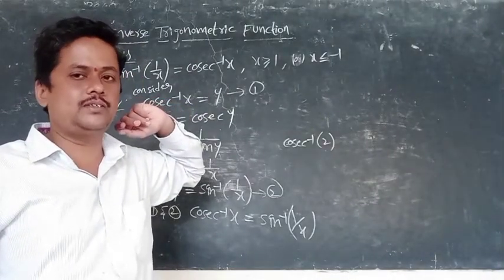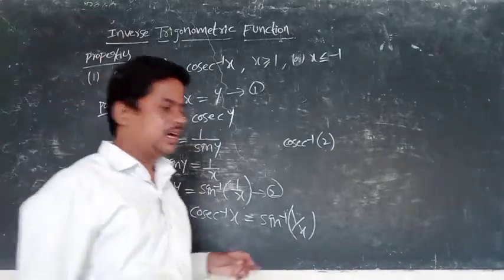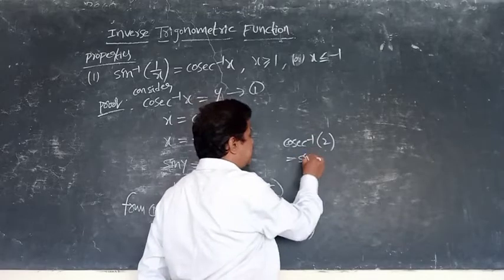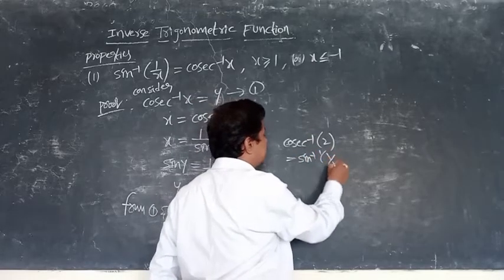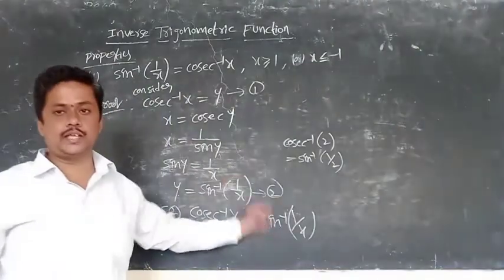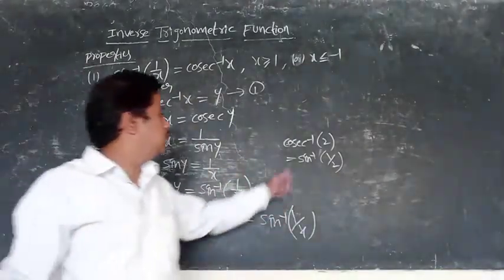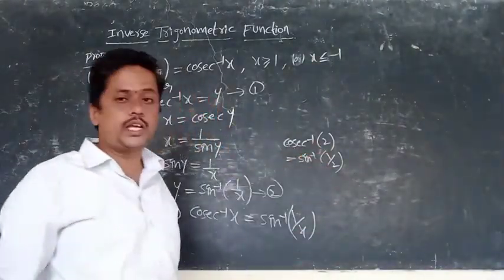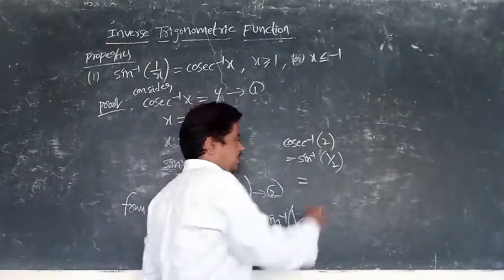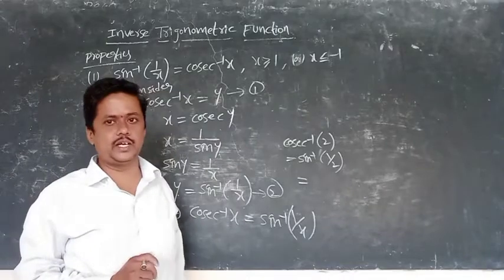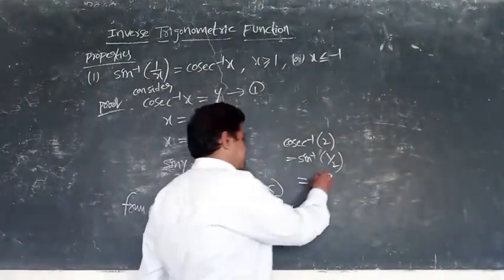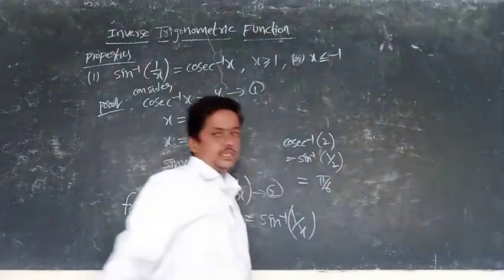So you can write cosecant inverse 2 is equal to sin inverse of 1 by 2, because the property is there. Sin inverse of 1 by 2 is equal to 30 degrees.